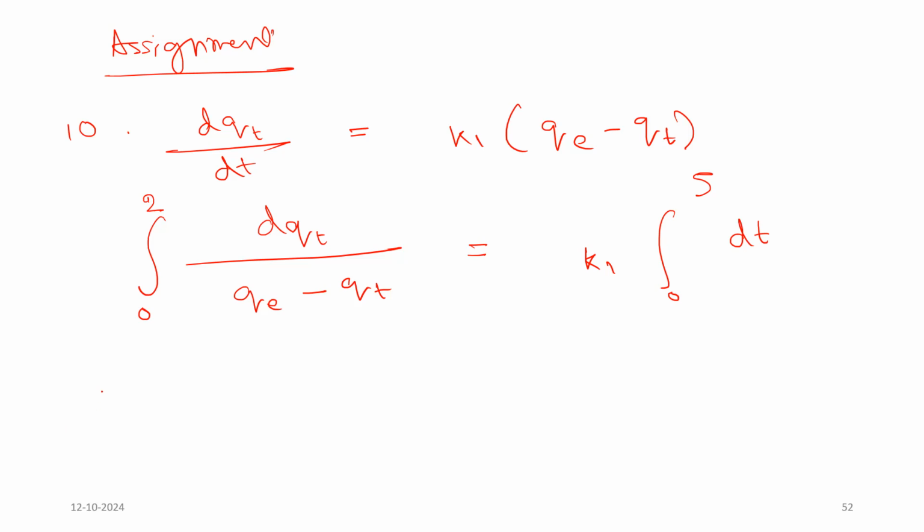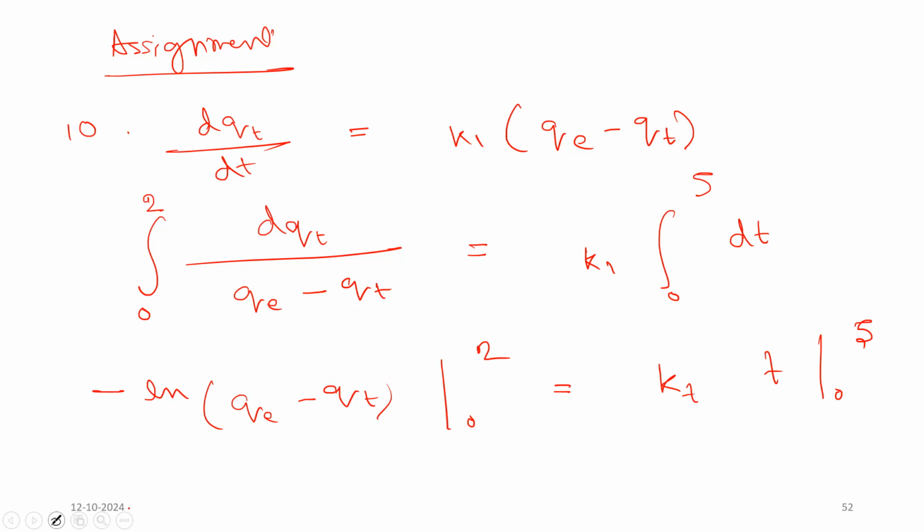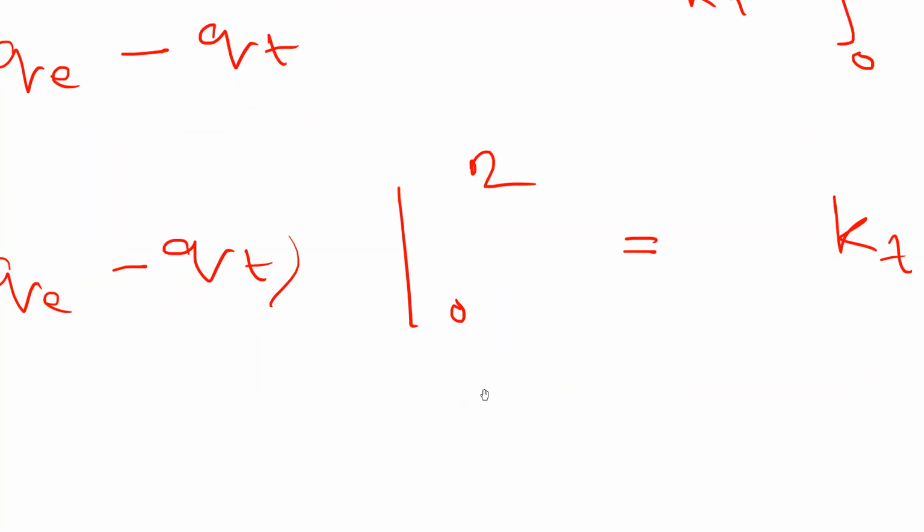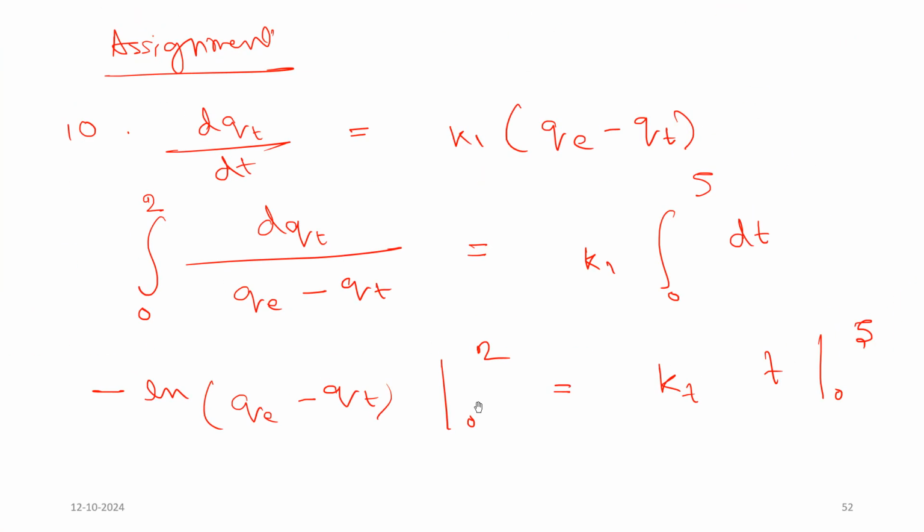It will come minus ln(qe minus qt) from 0 to 2 equals k1 t from 0 to 5, right? Next it will be minus ln(qe minus 2) plus ln qe equals 5 k1, 5 minus 0, 5.